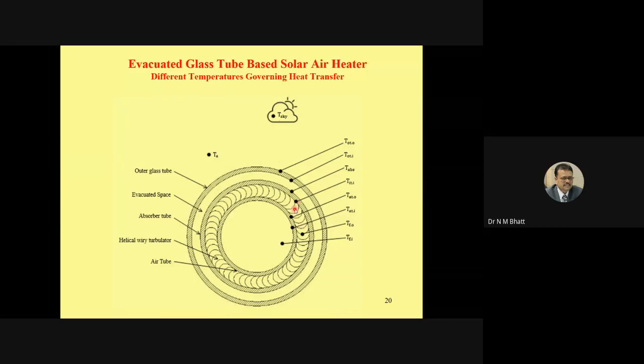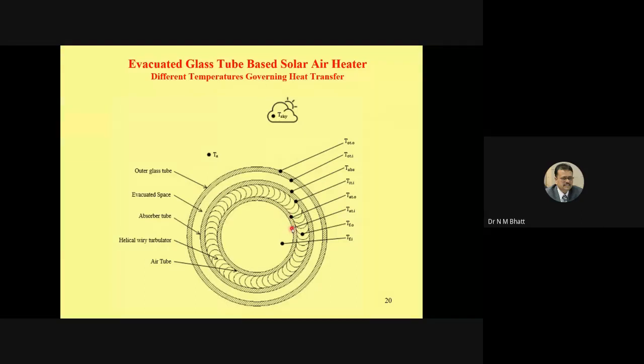There would also be convection between this air and the outer surface of the air tube, because when the flow is there in the annulus, the heat would be convected from the absorber surface to the air and from the air to the air tube. So the air tube outside temperature is also increasing.